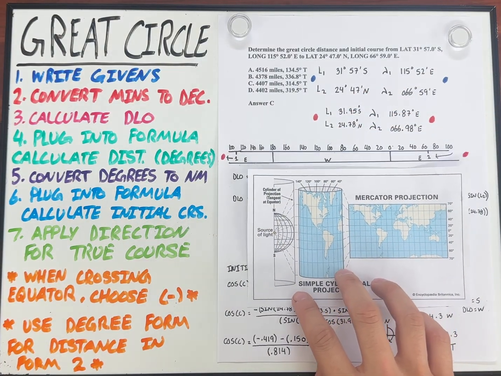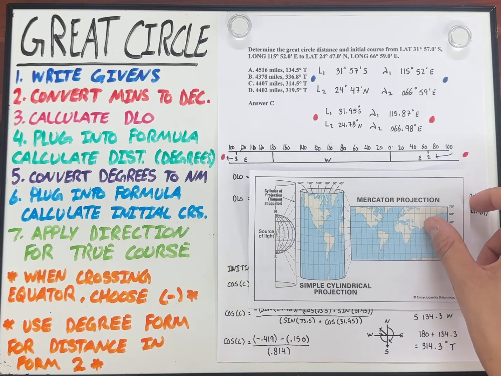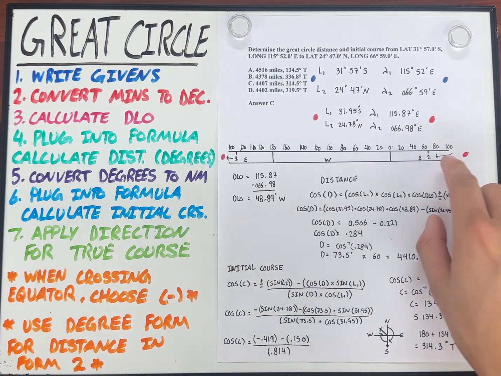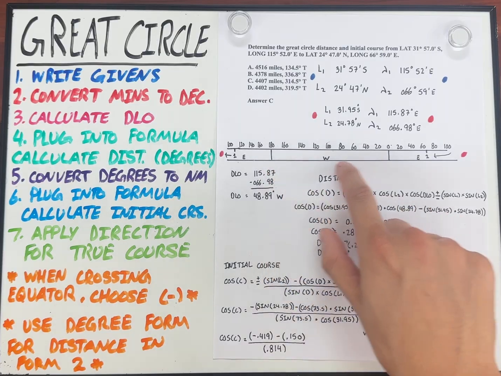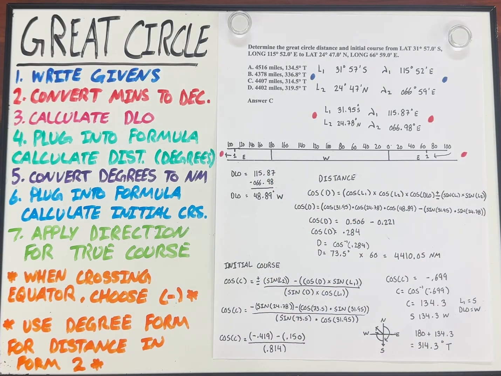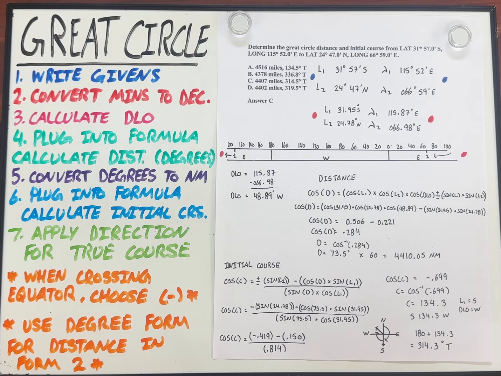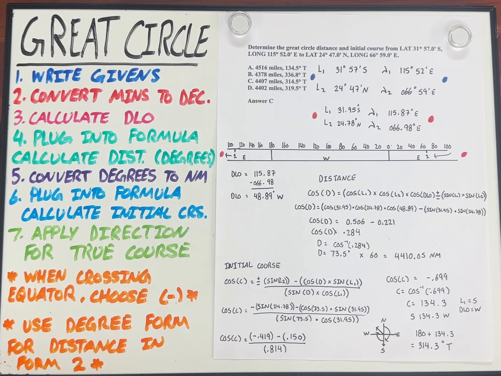My version of it is just 180 degrees on either side, with west being in the center. Our difference in longitude in this case is going to be 115.87, our longitude 1, minus our longitude 2, 66.98, for a difference of longitude of 48.89 degrees.